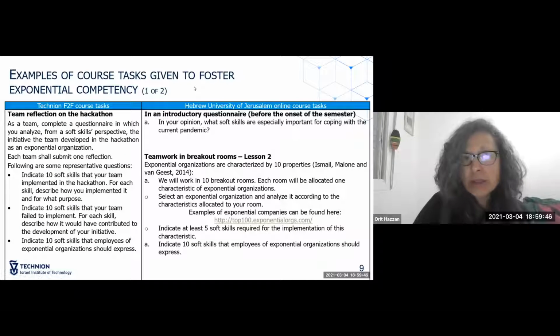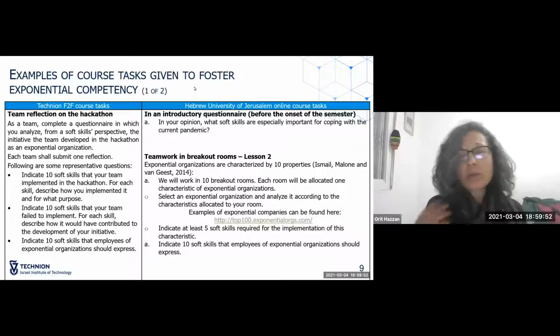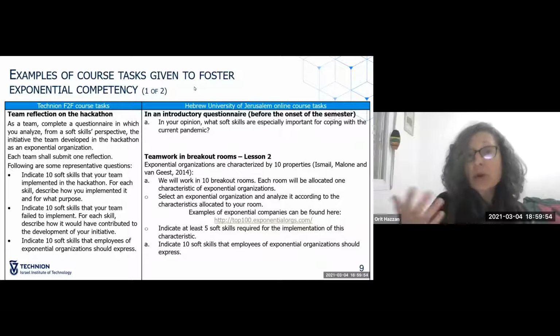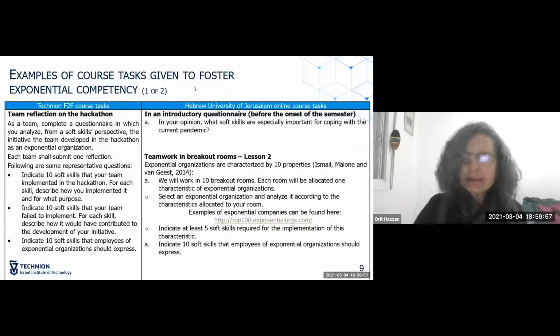In both courses, the students were asked to answer several questions, either on their group work or their personal experience, and I will not go into the details, but I encourage you to read all these questions in the paper because they will let you know how the students deal with the topic.